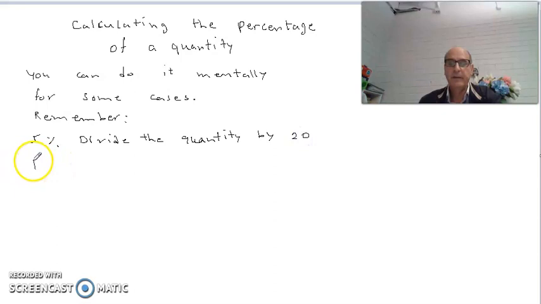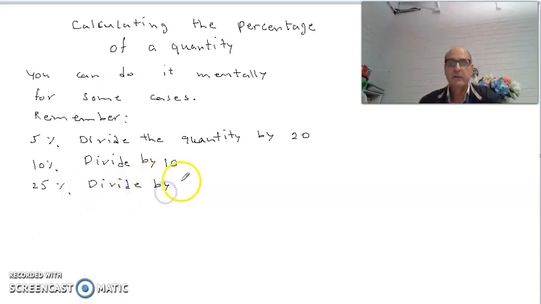For 10%, divide the quantity by 10. For 25%, divide the quantity by 4. For 50%, divide by 2.